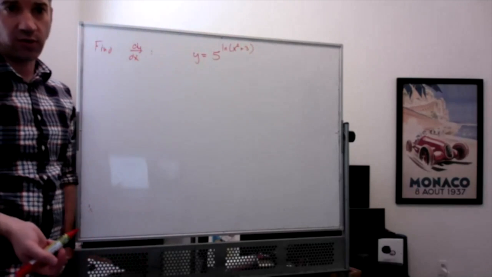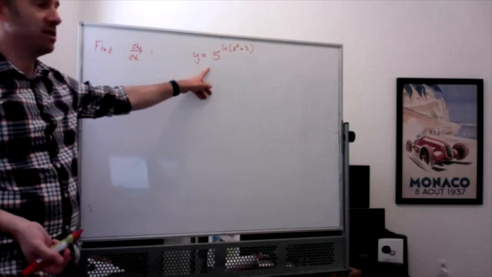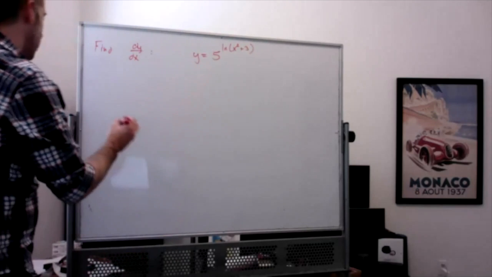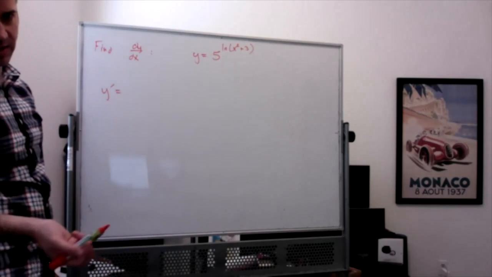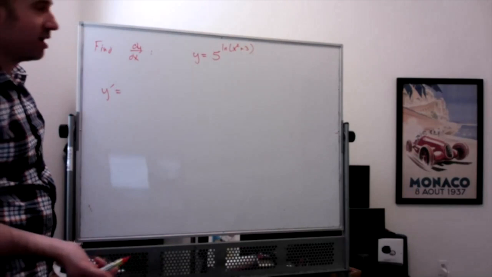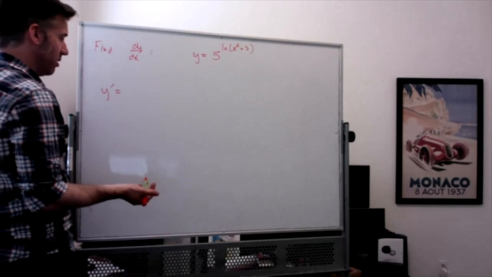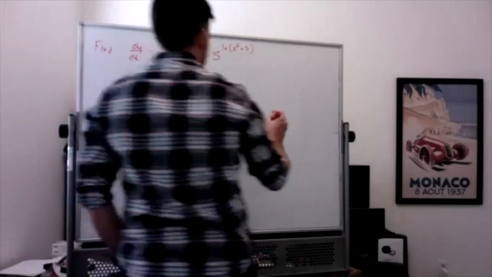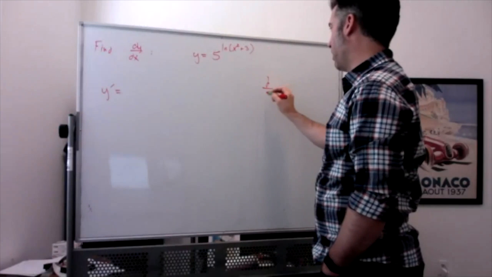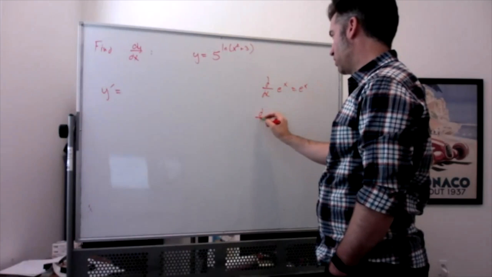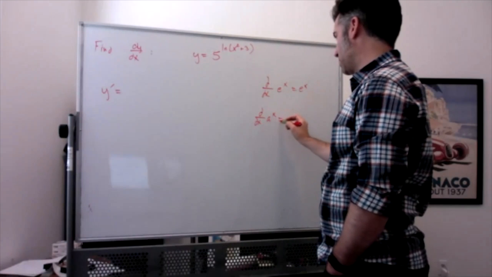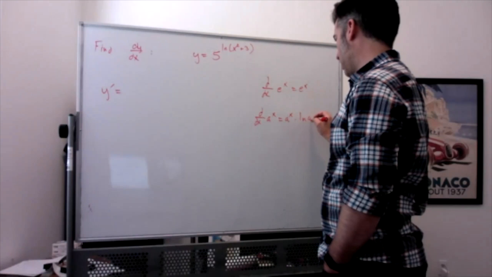So there's two ways you can approach this, since your base is a constant. I forget which way your professors like to do this. The way I remember it: the derivative of e to the x is e to the x. The derivative of a to the x is a to the x times the natural log of a.